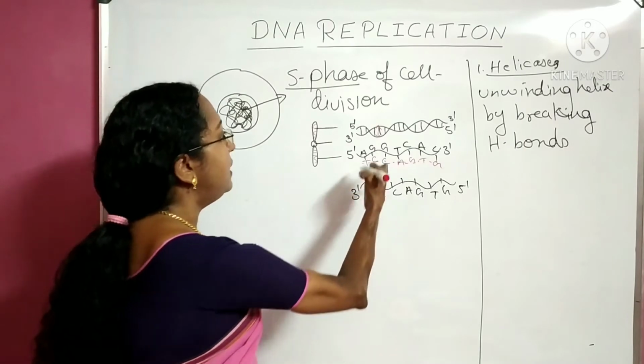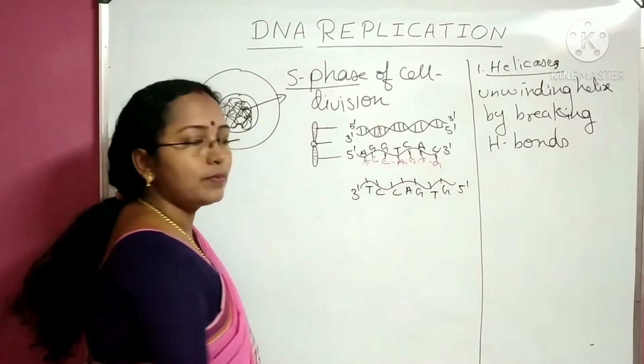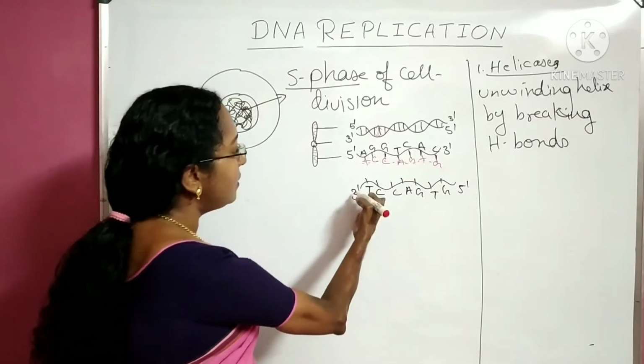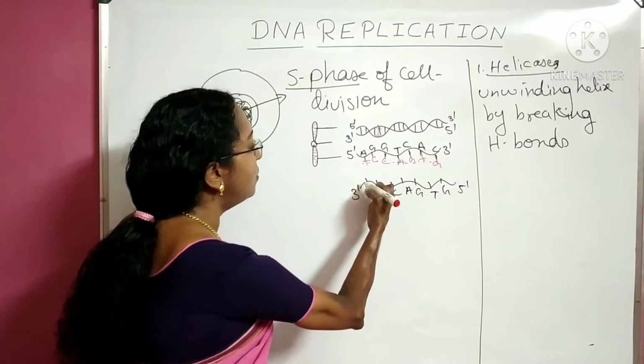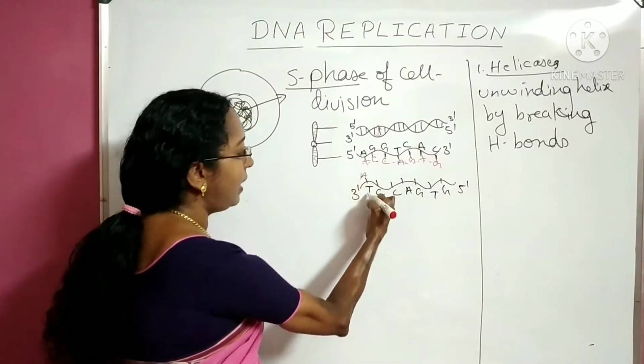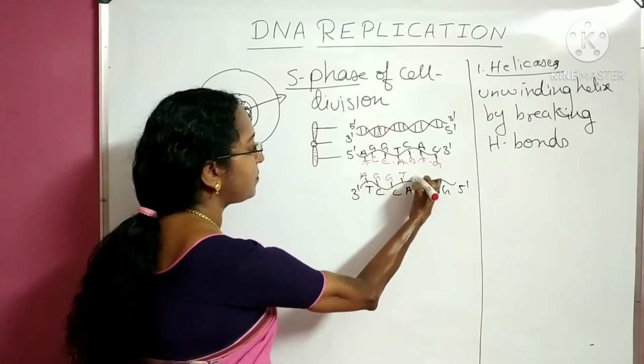Now what happens? These two strands will make hydrogen bonds with each other. Similarly, the other strand which got separated will also form a new strand. If it is adenine, it is going to be thymine; guanine, cytosine, likewise.